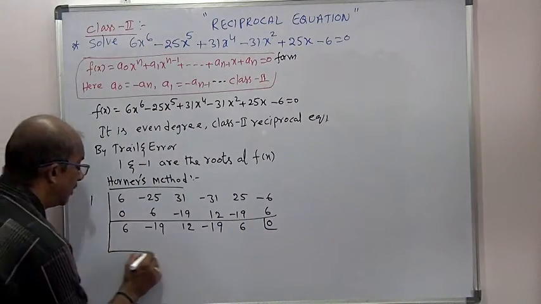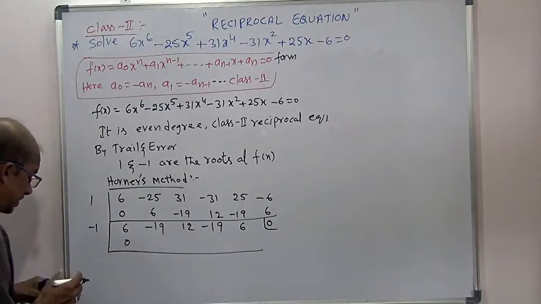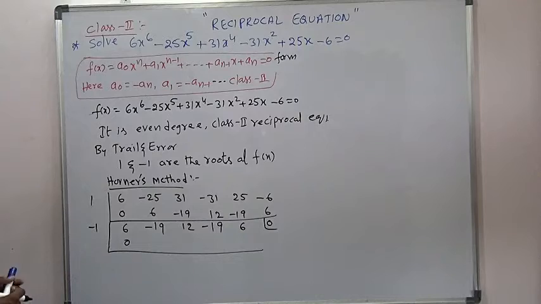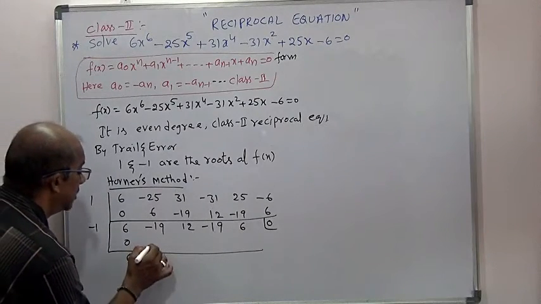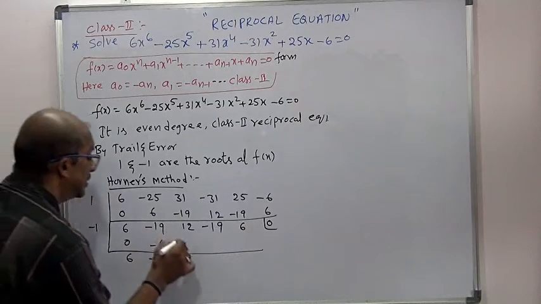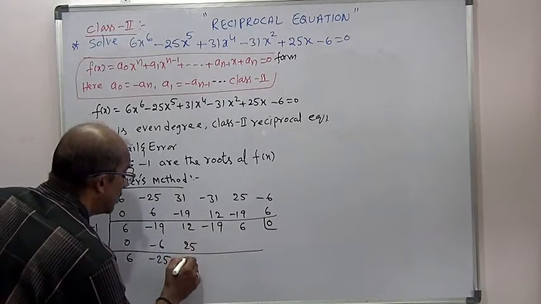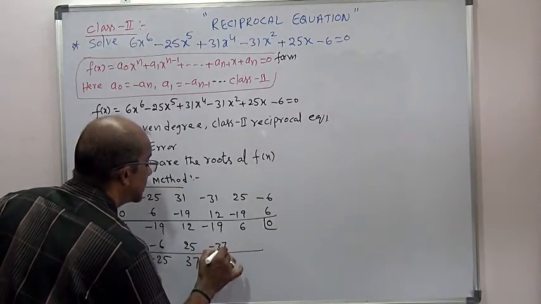Next, again, what is the other root? Minus 1. So 0, 6, minus 6 times 1 is minus 6, minus 25, 25 times 1 is 25, so add it, 37, minus 37.